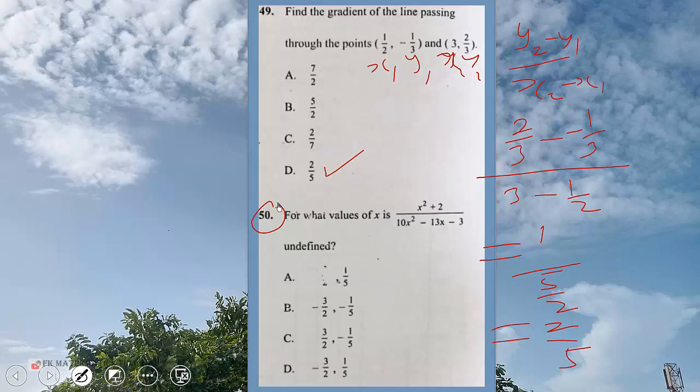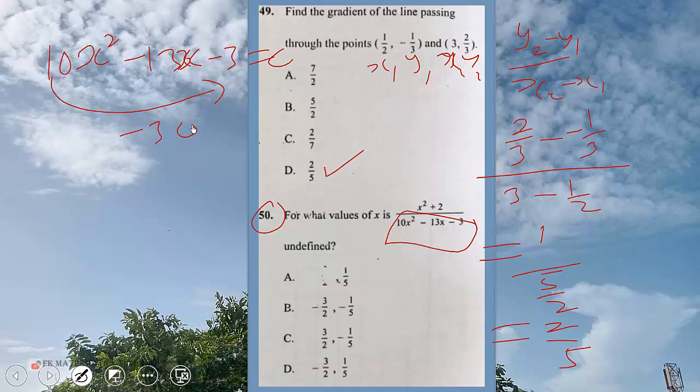So if this is undefined, then the denominator is equal to 0. So 10x squared minus 13x minus 3 is equal to 0. So this times this is negative 30.